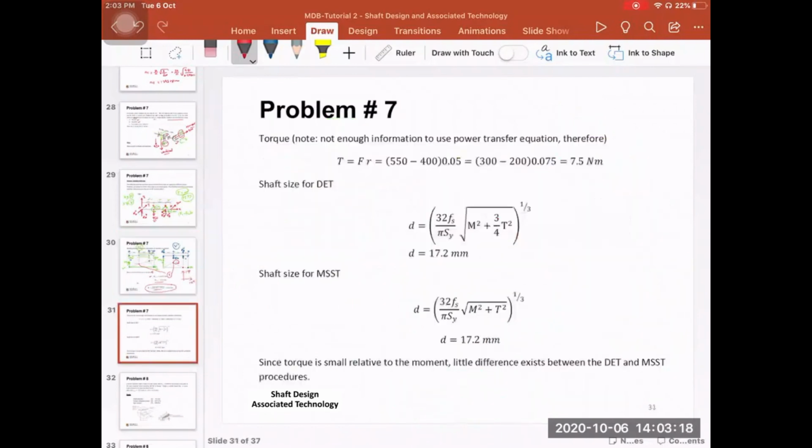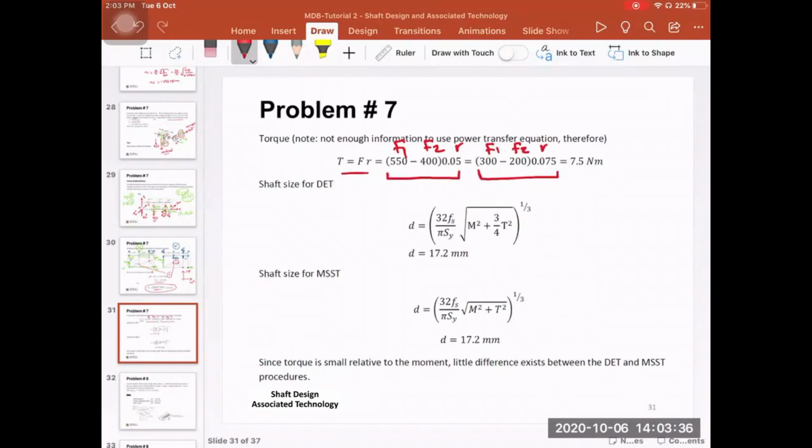Now the torque is equal to the force multiplied by R. So it's F1, F2, and here is the radius. This is for one pulley, and this is for the second pulley.